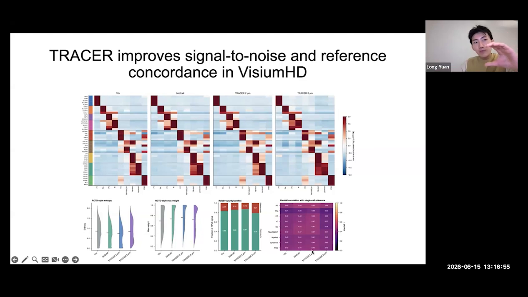And the important point is that no one metric wins everywhere. The important point is that Tracer improves cellular coherence while preserving biologically expected cell type programs. And for sequencing-based platforms, this suggests Tracer can bridge the gap between the pixel-scale measurement and the cell-scale interpretation.